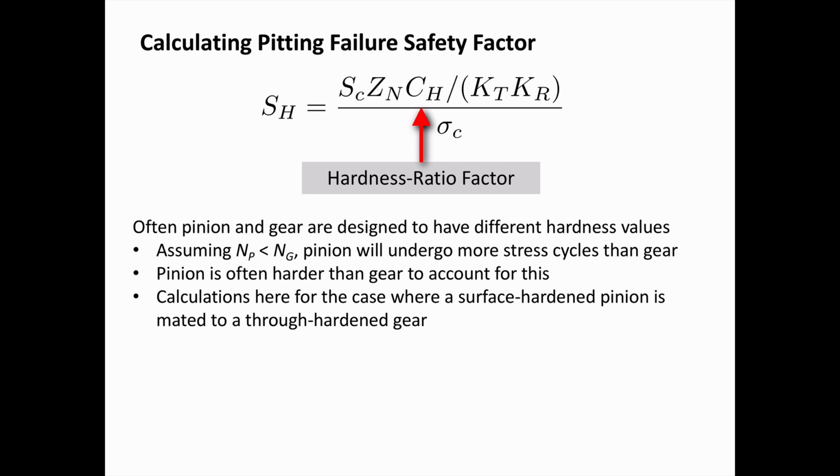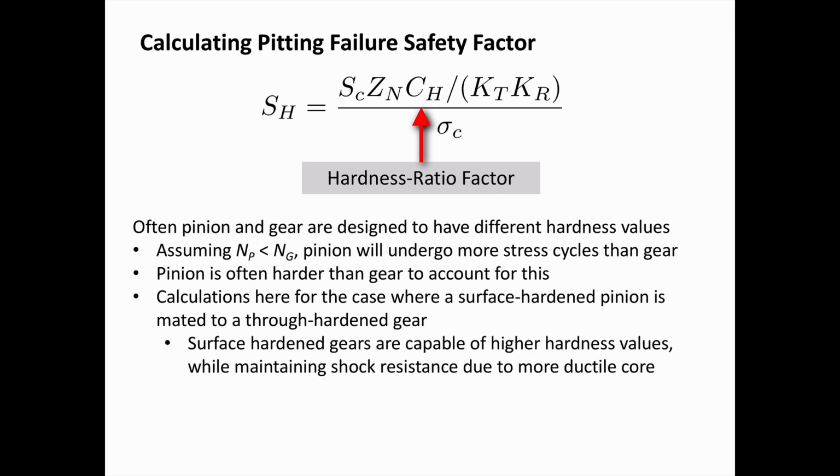So the calculations we're going to look at in just a moment here are for a specific case where a surface hardened pinion is mated to a through hardened gear. Now, what does this mean? Well, remember when we're talking about case hardening, if we only harden the outer surface and we allow the core to be less hard, it can do a better job with shock resistance. So it's resistant to brittle failure while still maintaining a really hard outer surface that's resistant to wear.